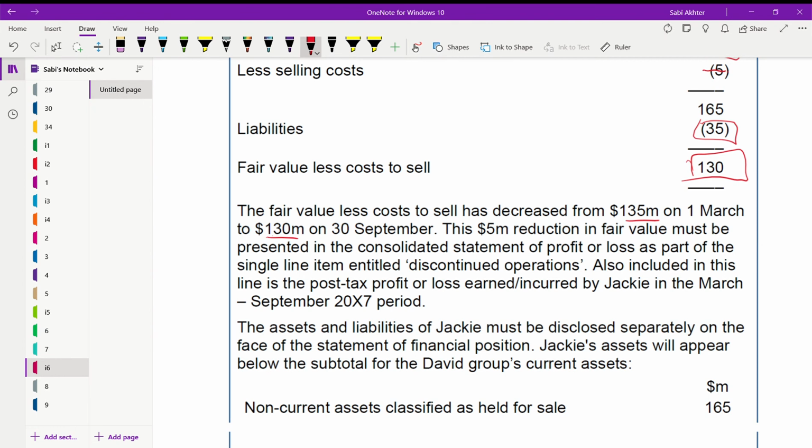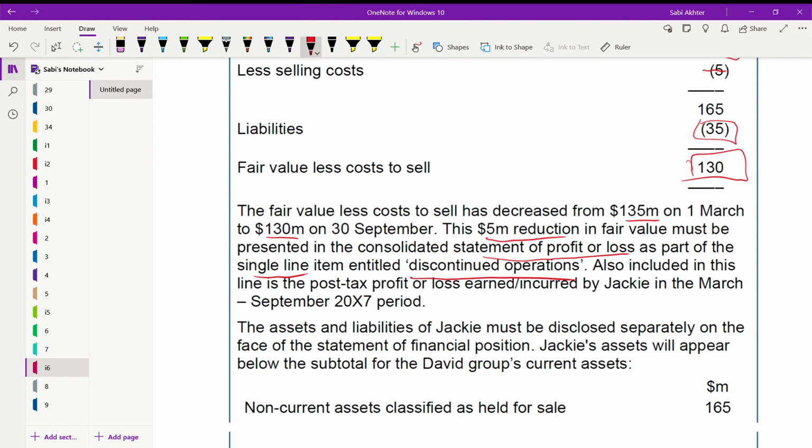So this 5 million reduction in fair value must be presented in the statement of profit and loss as a single item. The important word is this: it will be under discontinued operation. Because it meets the definition of classification for sale under IFRS 5, so it will be entitled under discontinued operation.